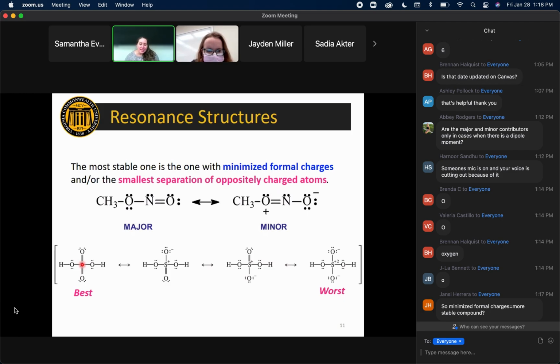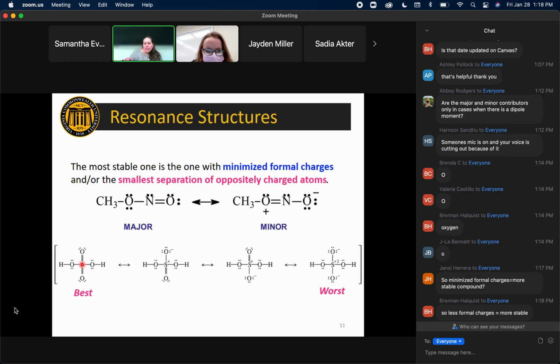And I've told you in this class, we're not going to break the octet rule. So here's the deal. In row 2 of the periodic table, the row that includes carbon, you cannot break the octet rule. The octet rule is actually a hard and fast rule, and you can't go beyond 8 electrons for those row 2 elements in their valence shell.